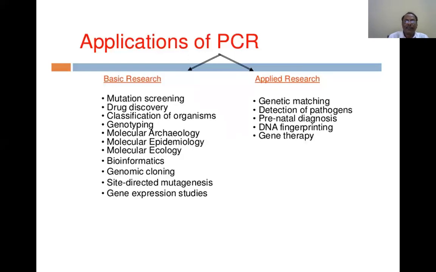Completely unraveling the whole process is called the genome project. I also reminded you that the human genome project was taken up under the leadership of Watson, one of the persons who discovered DNA.